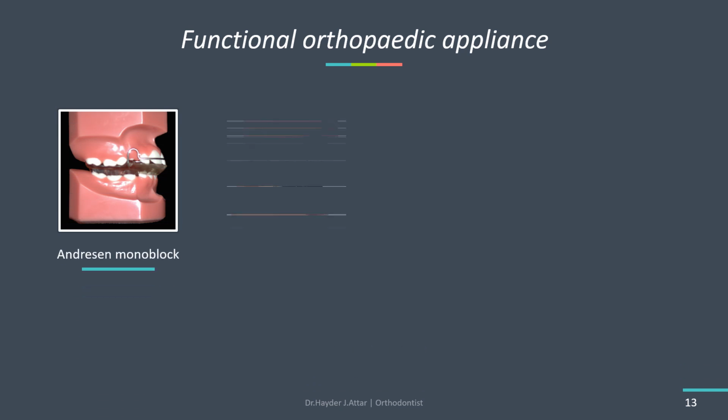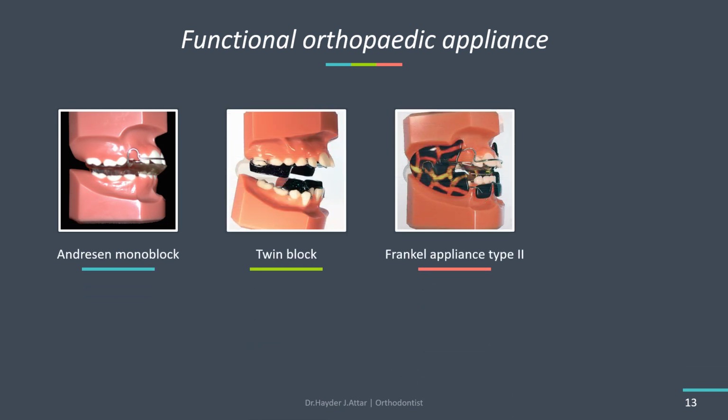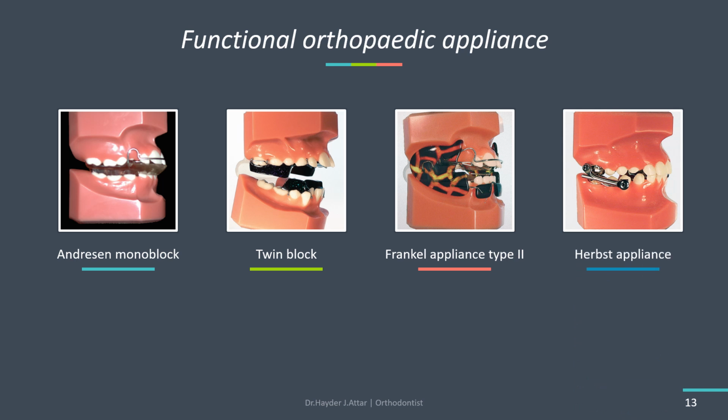The functional orthopedic appliance mostly increases or accelerates the growth of the mandible. That means the functional orthopedic appliance is used in class 2 cases due to mandibular retrognathism or mandibular deficiency, where these appliances put the mandible forward and stimulate the growth of the condylar head to put the mandible in a forward position to correct class 2 cases due to a class 2 skeletal pattern.